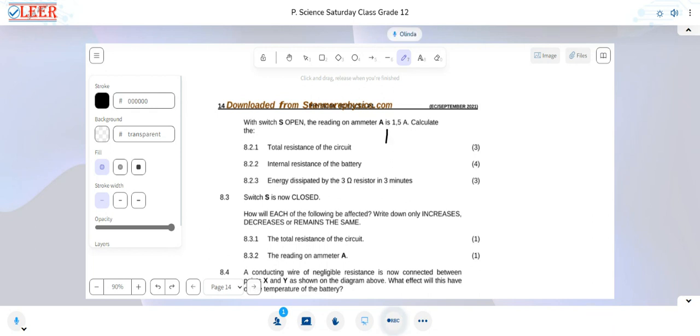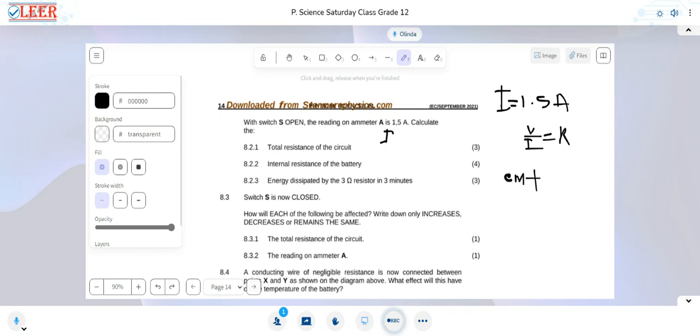We know that I is equal to 1.5 A, and we have an internal resistor. We can't use V over I equals R, because we have internal resistance. We must use this formula: EMF is equal to I times R external plus R internal.